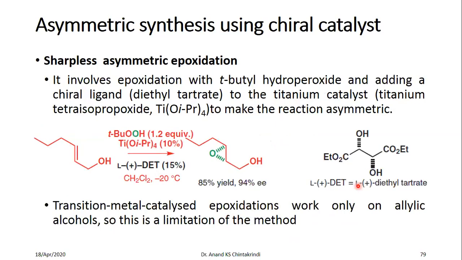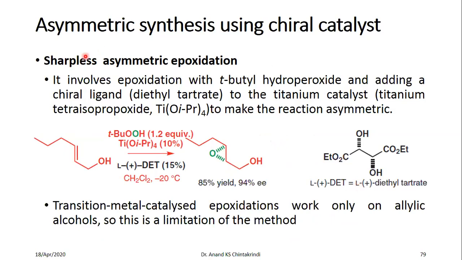The last example in the asymmetric synthesis using chiral catalyst is Sharpless asymmetric epoxidation. What is an epoxidation? You have an alkene. When you react it with a peroxide, you get the formation of a three-membered ring. One of the atoms of that three-membered ring is oxygen.